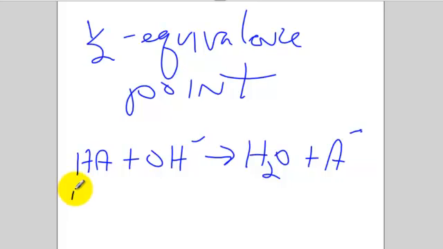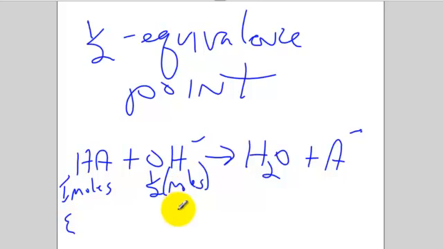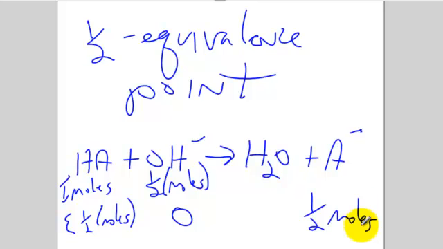It's the point where the OH minus moles are half of the HA moles. So when I do my whole ICE thing, the OH minus is 0, the HA is half of what it originally was, and the A minus is also half, because it is equal to the OH minus moles.